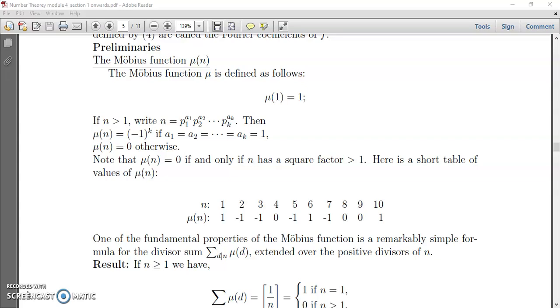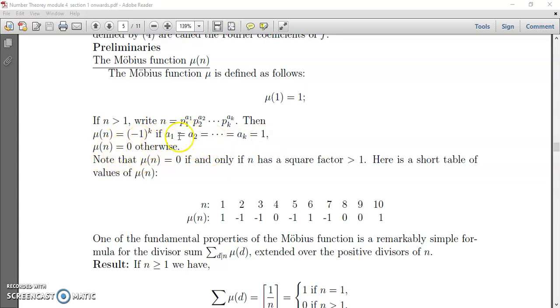The Mobius function mu of n is defined as follows: mu of 1 is 1, and if n is greater than 1, then we can write n as a product of prime factors, and then mu of n is equal to minus 1 raised to k if a1, a2, etc., ak are all 1, and in all other cases mu of n is 0.